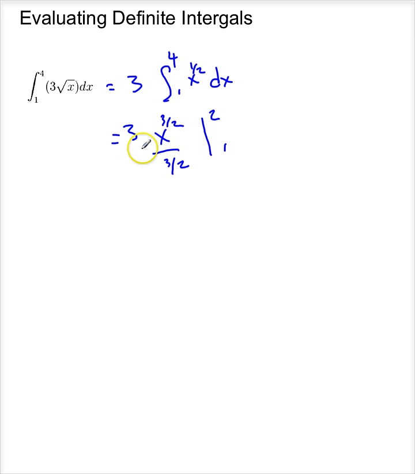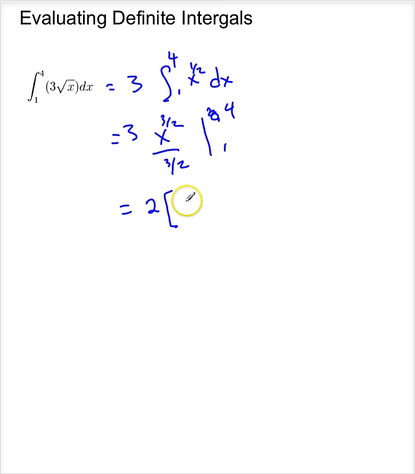Let me combine these constants here. This becomes 2 times, evaluated at 1 and 4. Don't change your limits of integration because that's a bad thing to do. I do it sometimes.